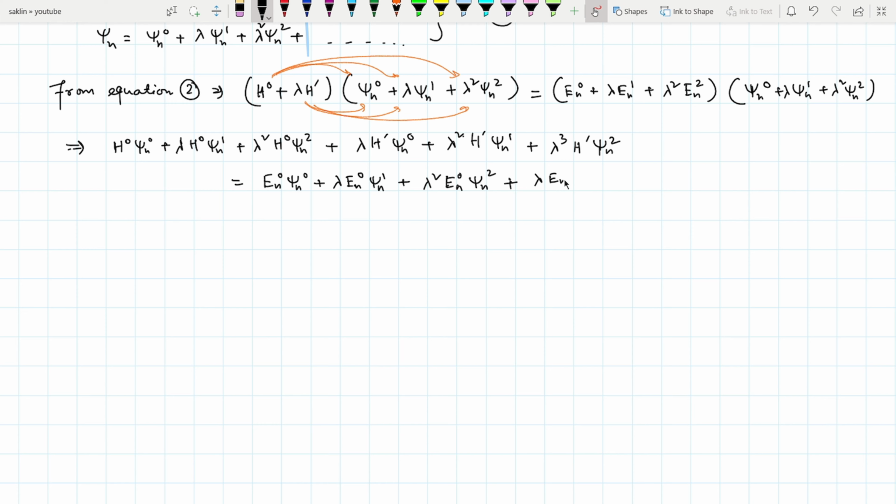For the second term, what will we do? Lambda En1 psi n0, lambda square En1 psi n1, lambda cube En1 psi n2, and another three terms are present. That will be lambda square En2 psi n0, lambda cube En2 psi n1, and lambda to the power 4 En2 psi n2.